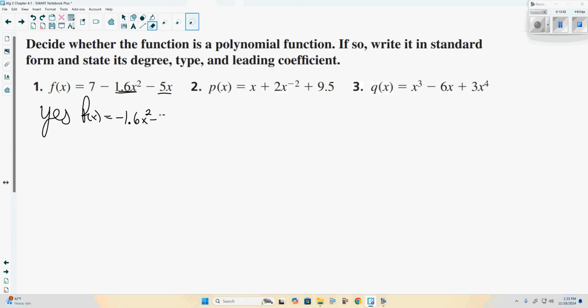Our x term would be next, so minus 5x. And our constant term of positive 7 would come last. Now what would the degree be? The degree would be 2, which means it's a quadratic. Leading coefficient, negative 1.6.